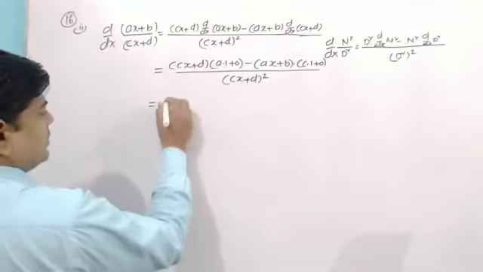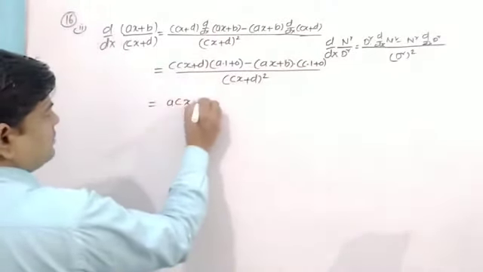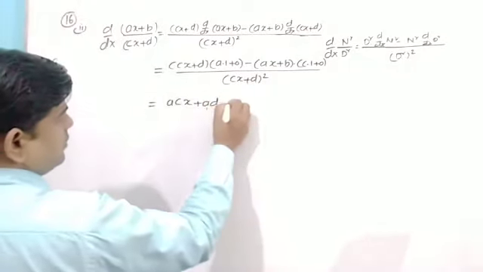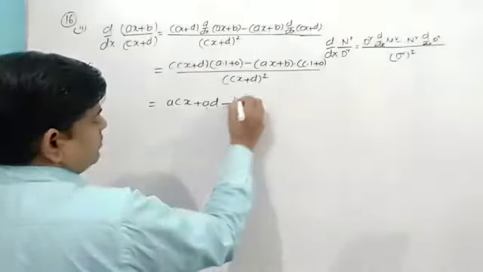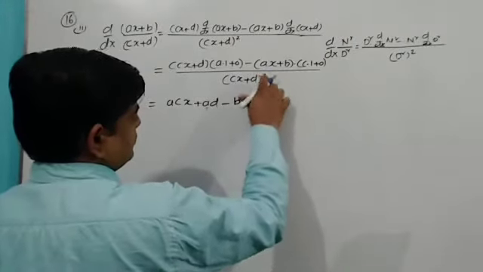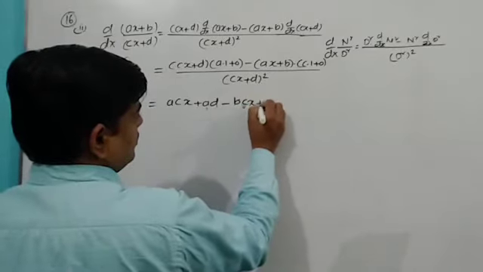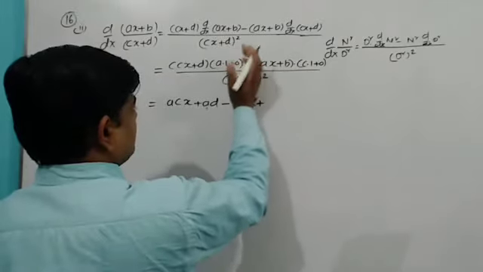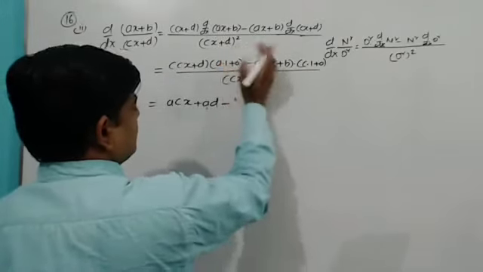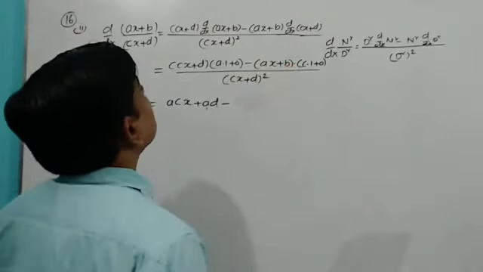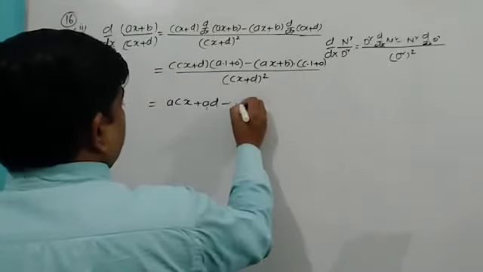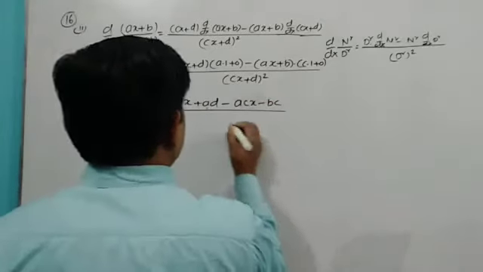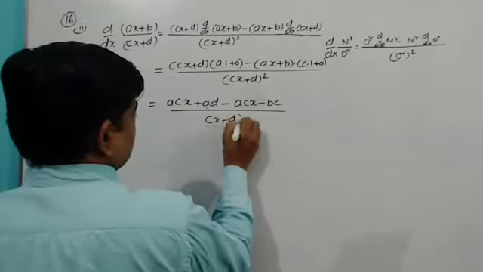When I multiply by a, I get acx + ad, minus bcx... extremely sorry, again I'll write acx minus bc, whole upon (cx + d) the whole square.